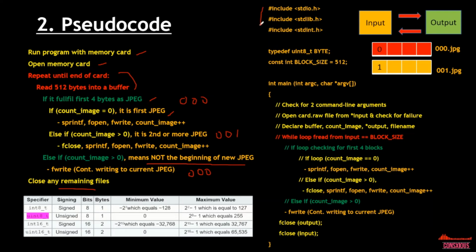So this is a library. This is the new data type: we define unsigned 8 bits as BYTE. Each block is 512. Then the main program here. Later on, we're going to divide it into two sections. We're going to check for two command-line arguments, open the file and check for failure, and declare the 4 parameters.